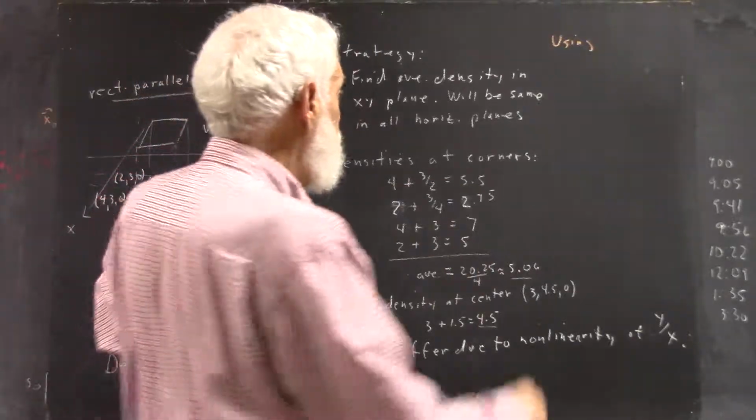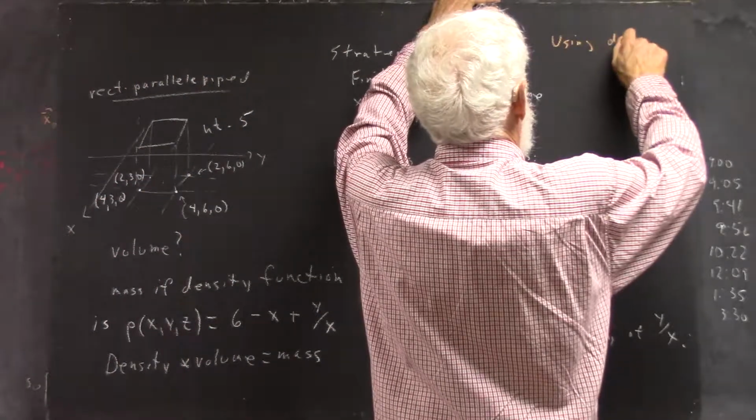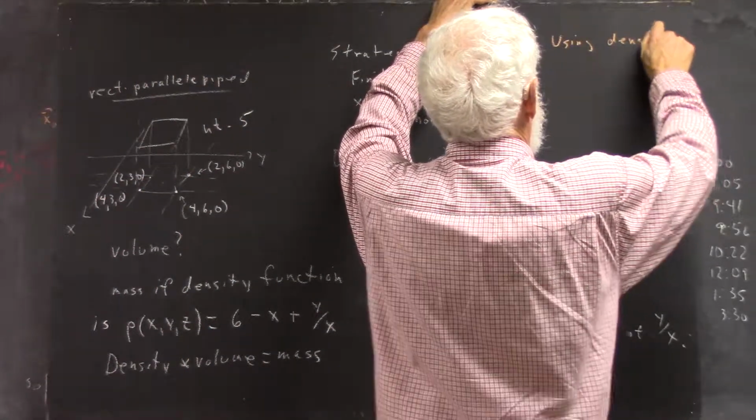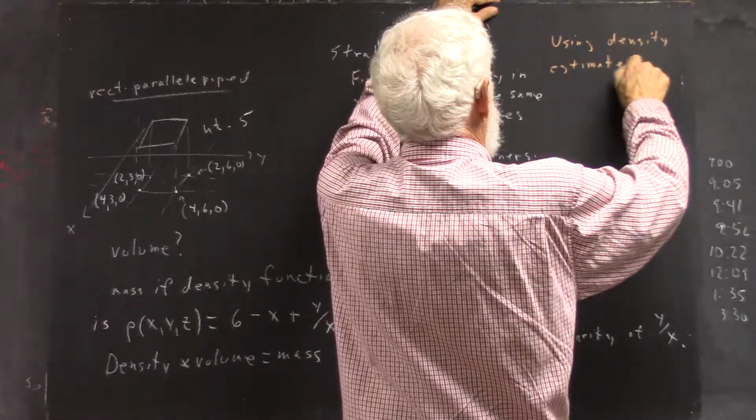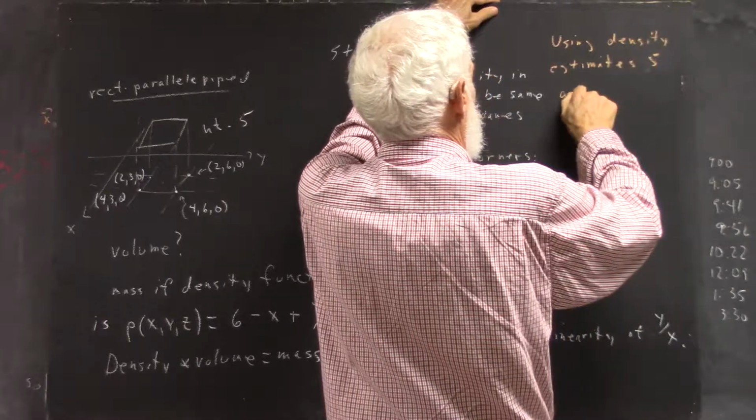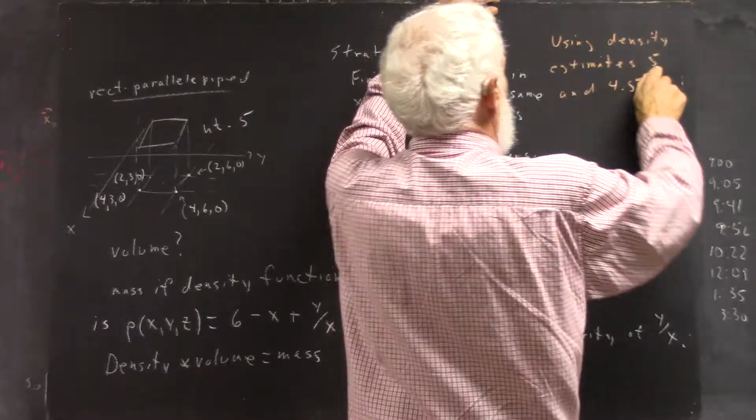So, okay, using density estimate, and I'm going to use both estimates. And I'm just going to use 5 and 4.5.